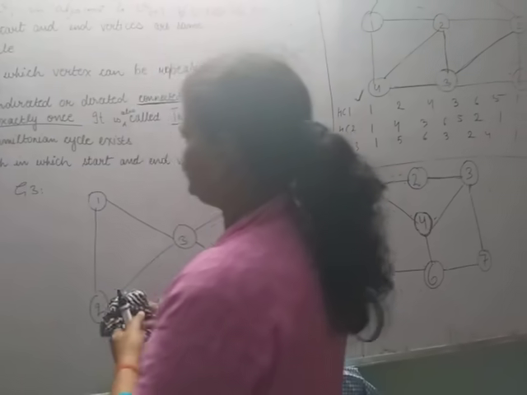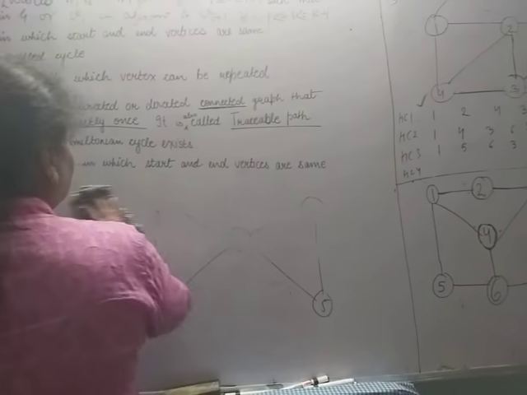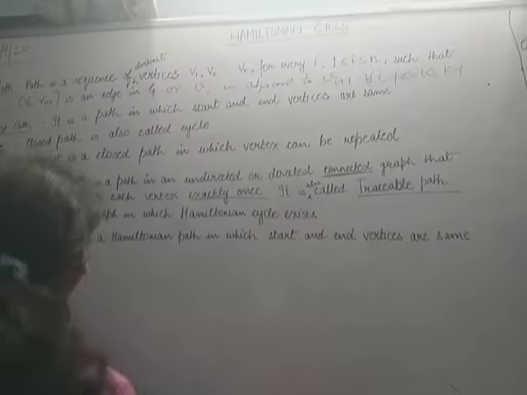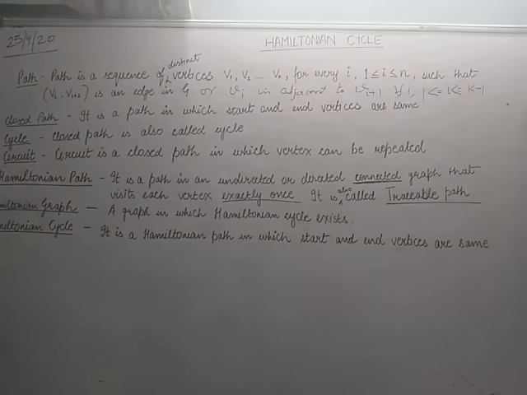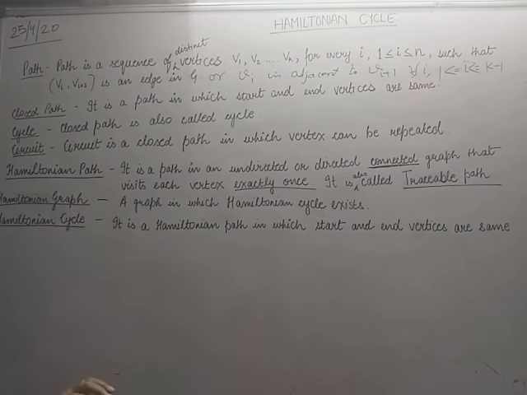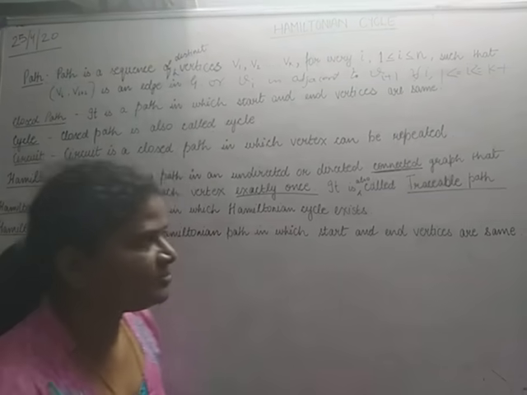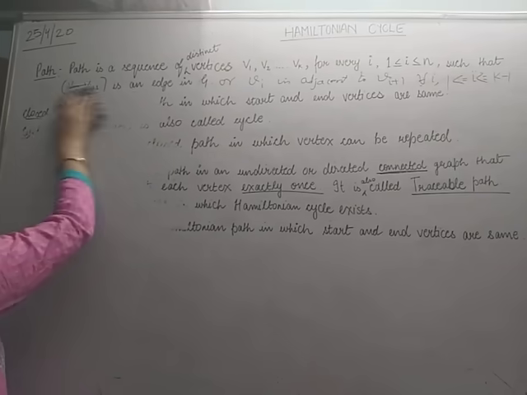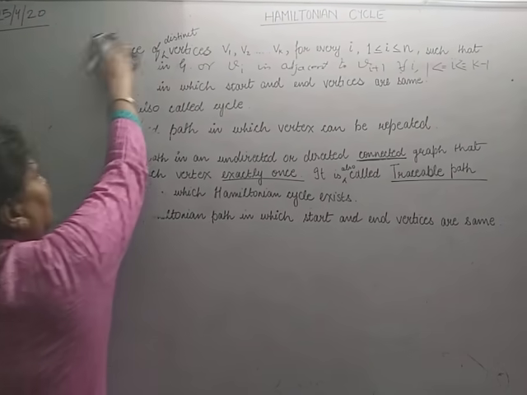Now I have given all the definitions: path, closed path, cycle, circuit, Hamiltonian path, Hamiltonian graph and Hamiltonian cycle. Now the problem is how we solve this using the backtracking algorithm.